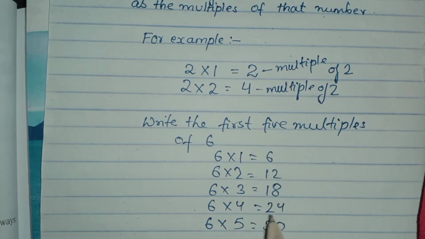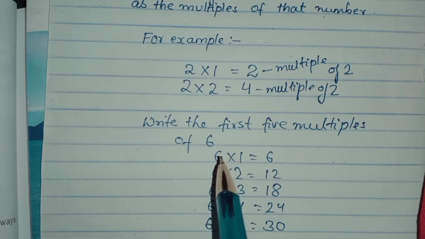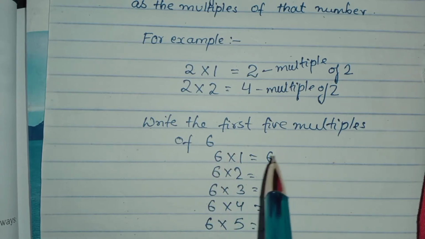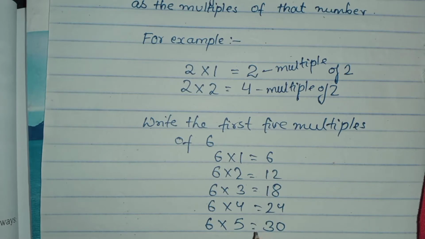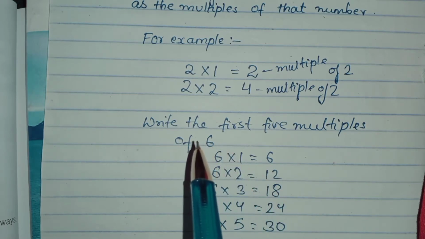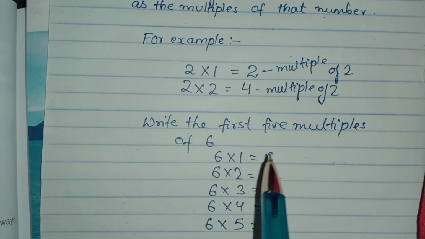Here you have seen I have taken 6 as a number. Or you can easily say that you have to write the table of 6. These are the first 5 multiples of 6.